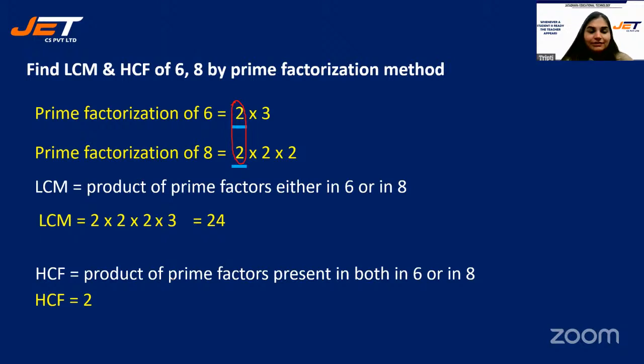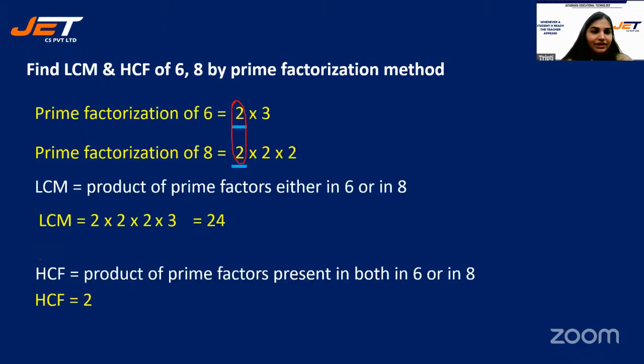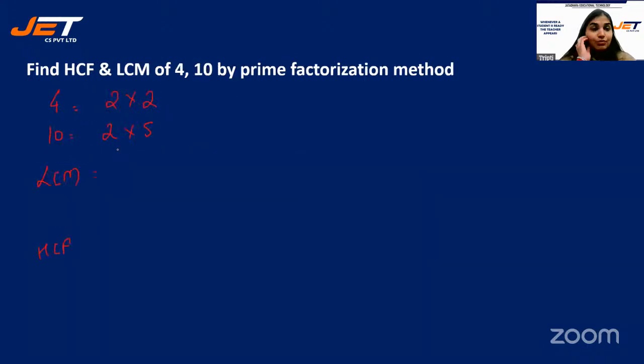Now we'll practice a few more questions based on this. You have to find the HCF and LCM of 4 and 10. So first write the prime factorization. We'll do this together: 2 times 2, and this we can write as 2 times 5. In LCM, you take the product of prime factors present in either of the numbers.